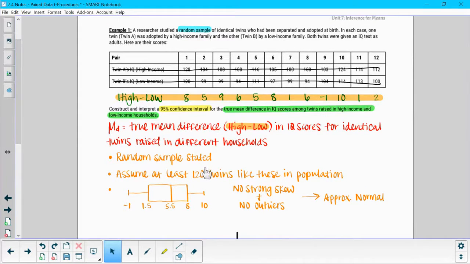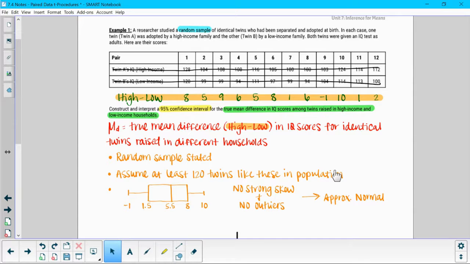Random sample is stated, and we can assume that there are at least 120 twins like these in the population. That's just an assumption we are going to make. You could also go as far as saying that each pair of twins is independent of each other, or each treatment group is independent of each other. But I do think it's fair to assume that at least 120 twins are out there that may be in a similar situation.